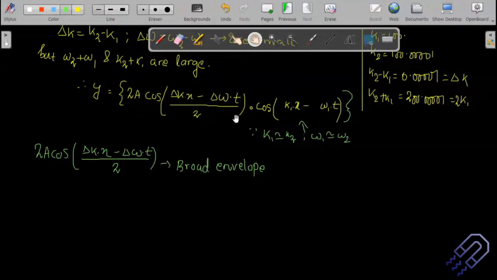So what is this going to represent? It has got the information about both the waves, having k values k1, k2, and frequencies omega 1, omega 2. That means this is going to represent the envelope of the wave. Okay, so this is a broad envelope, and it will actually control the motion. So I can write it down as limiting or modulating a high frequency wave.